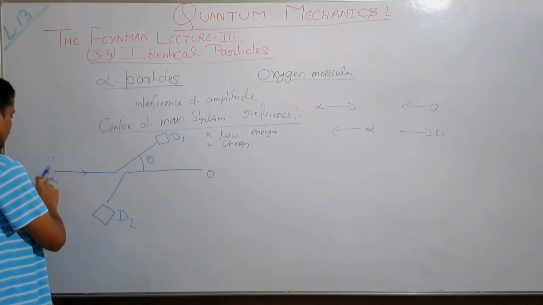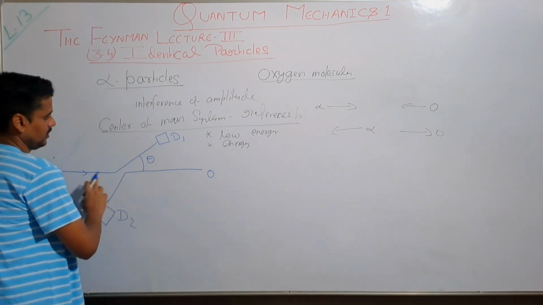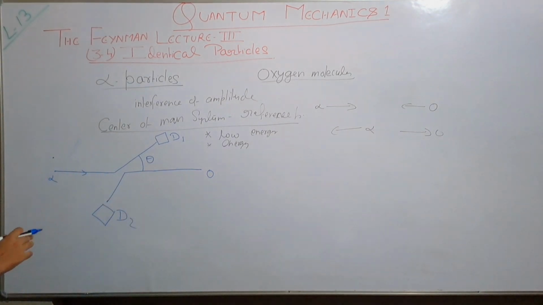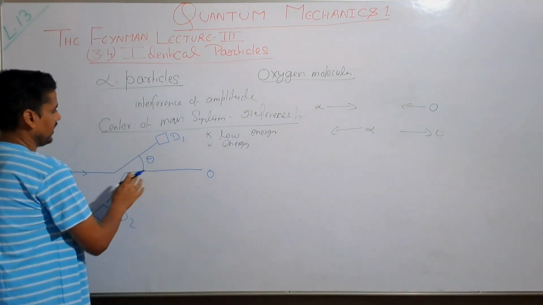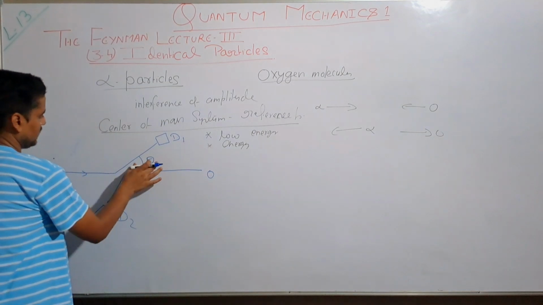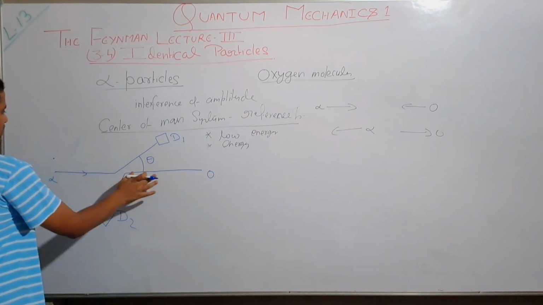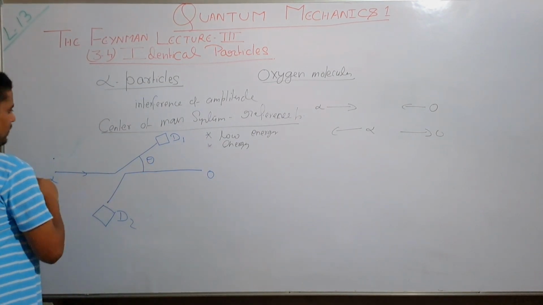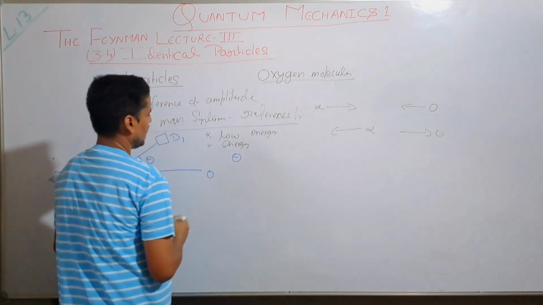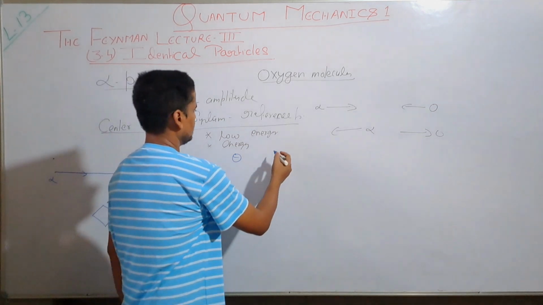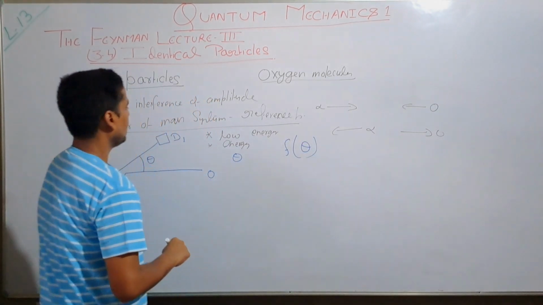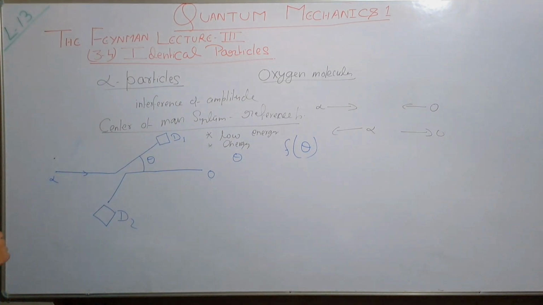So when we bombard the alpha particle on oxygen molecules, that event will have a certain amplitude. Suppose the angle between the alpha particle and oxygen molecule is theta, and suppose the amplitude is f theta, then what will be the probability?